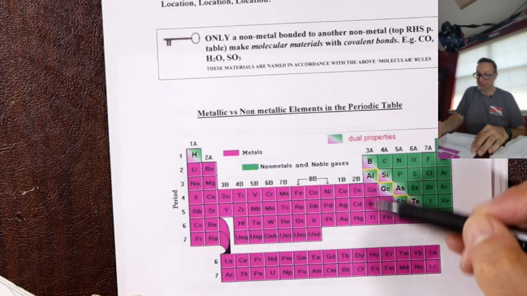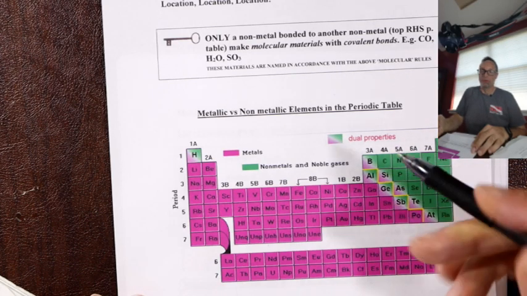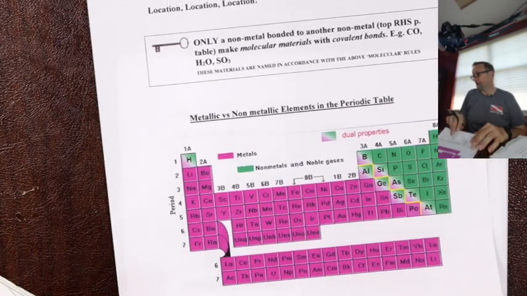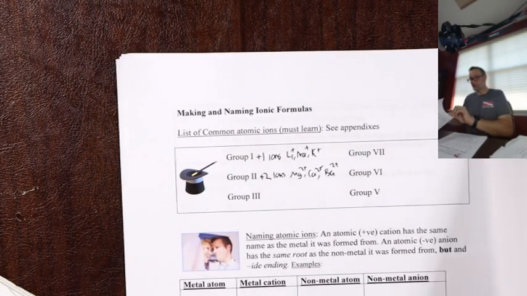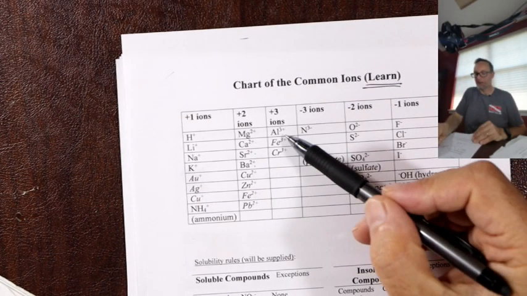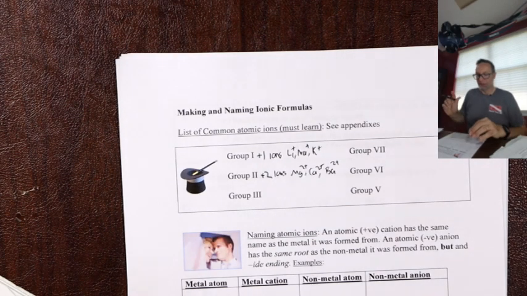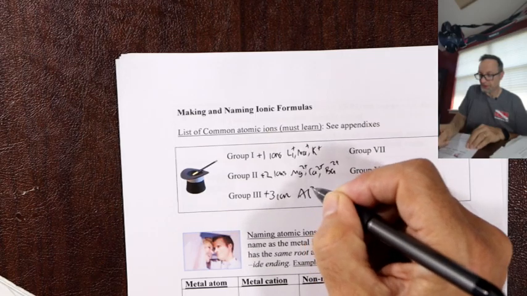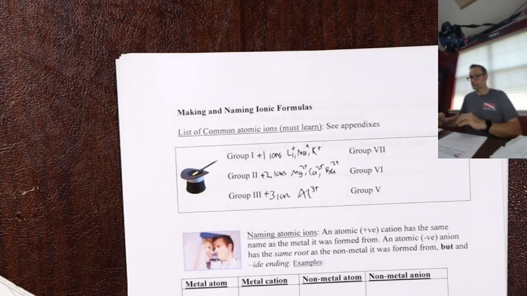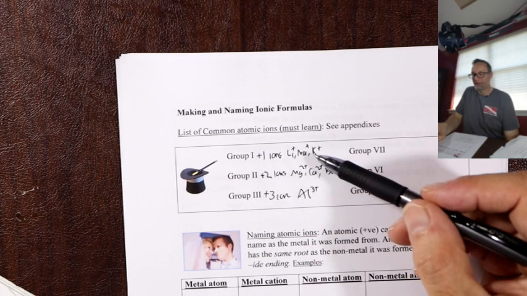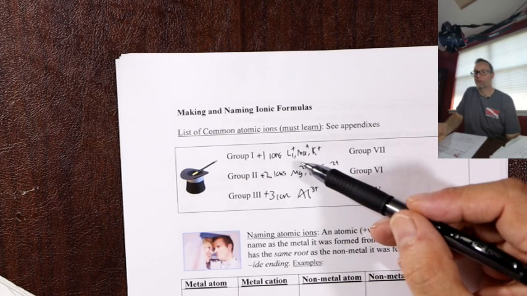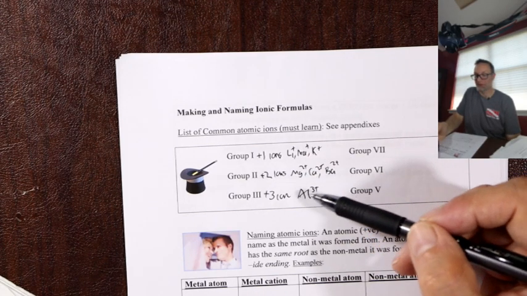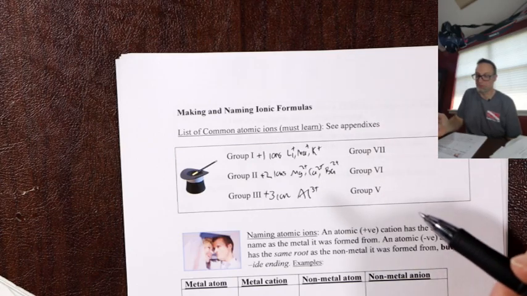So not everything in group 3, if you look at it, will necessarily make a + ion. And for our purposes, that's nice because for group 3, only aluminum, okay? So aluminum in group 3 makes a +3 ion. So aluminum +3. All right, so there are your ions, right? Group 1 makes +1, group 2 makes +2, and group 3 just aluminum makes +3.